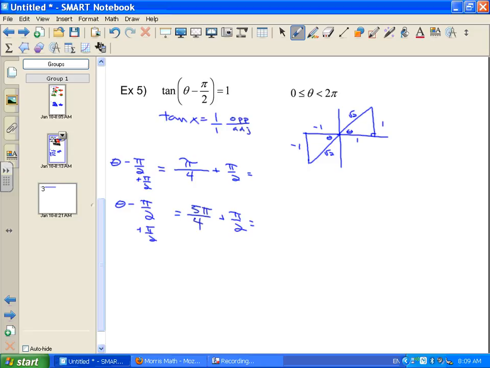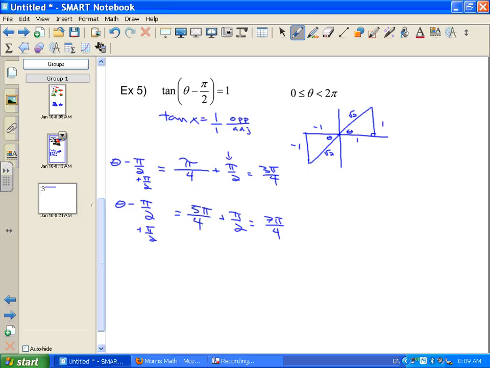I changed it to 2 pi over 4. So when you add them, this is really a 2 pi over 4, then when I add that to another one, that's where we get our 3 pi over 4, so you're right. And then this is a 2 pi over 4 again, 7 pi over 4.